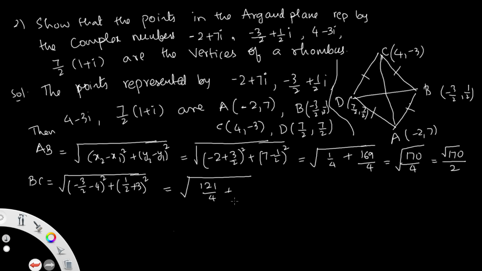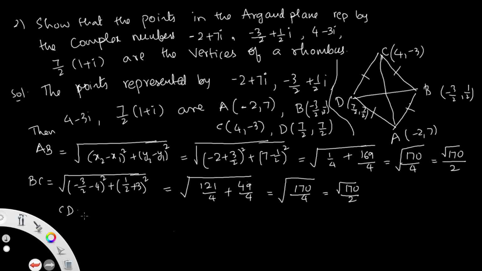Next, 1 plus 6 is 7, so 49 by 4. That is root over 121 plus 49, which is 170, so root 170 by 4, nothing but root 170 by 2. So BC is also the same as AB.